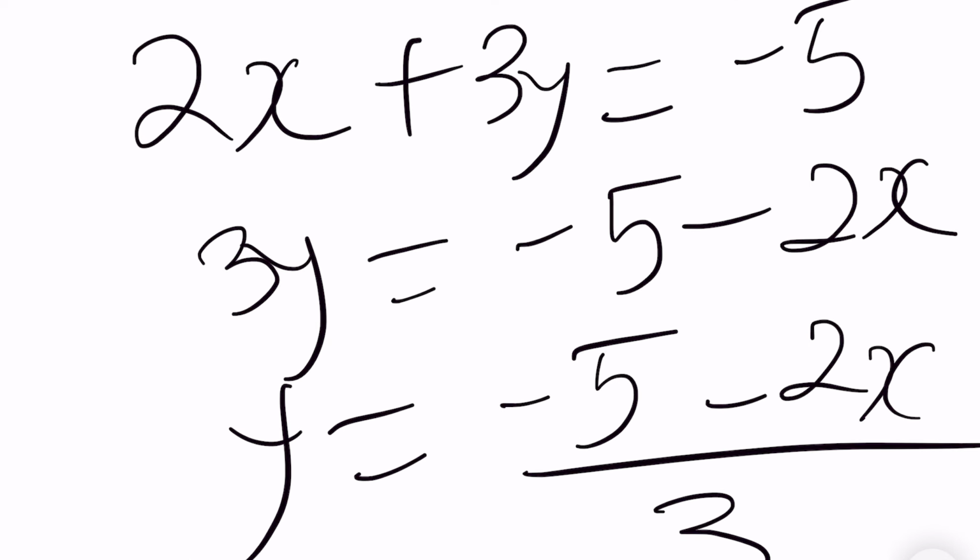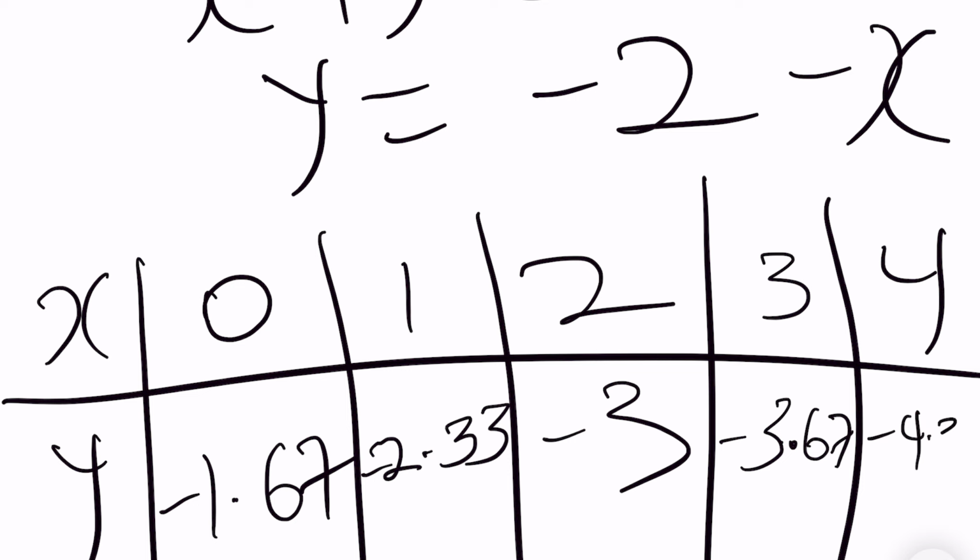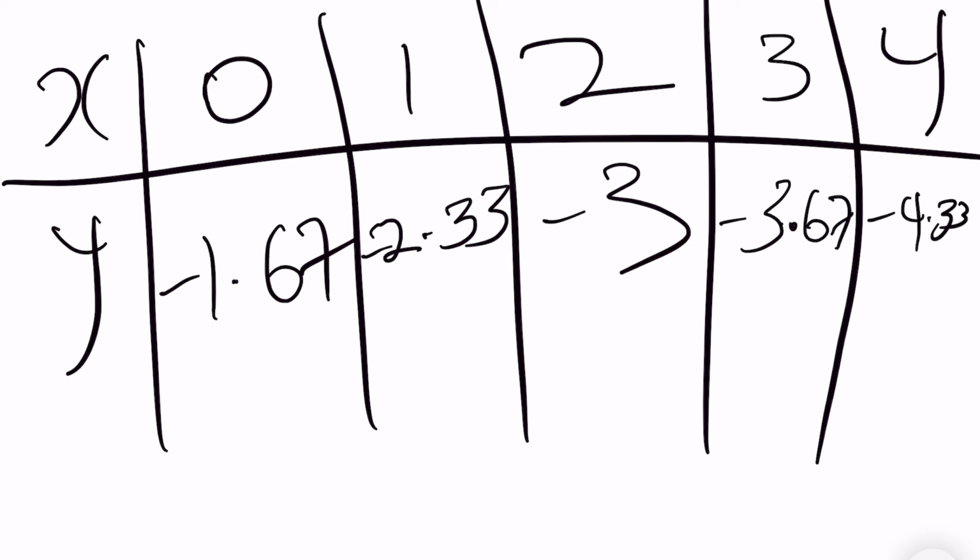And for 4, 2 times 4 is 8. Minus 5 minus 8 is minus 13, divided by 3 is minus 4.33. Now, for the next one, we have x and y.